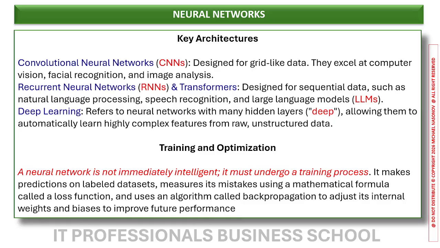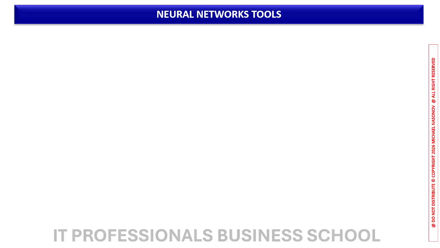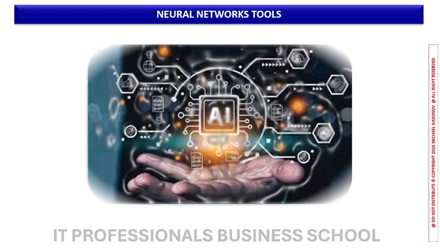You remember we were talking about a specific platform called Weights & Biases in previous sessions, to improve future performance. Now, let's take a look at specific or special neural network tools.